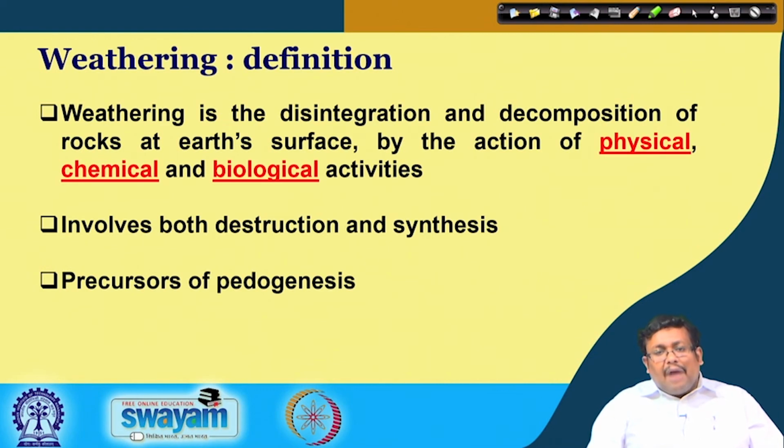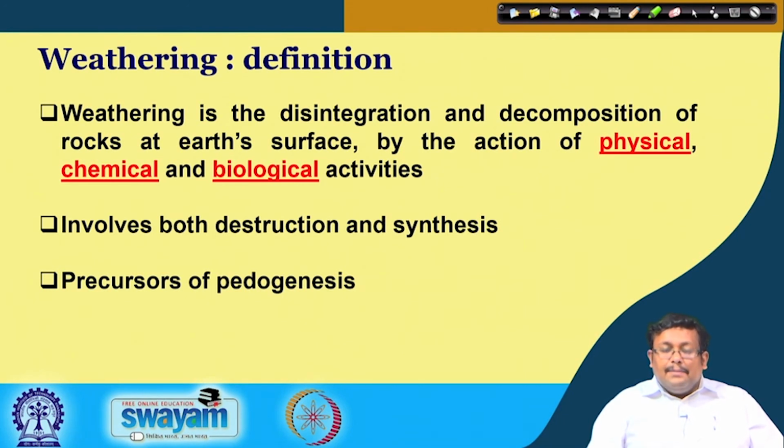Now, biological weathering is a third kind of weathering, which is basically a combination of both physical weathering as well as chemical weathering. And in case of physical weathering, please remember that there is only a change in the size of bigger rocks to smaller rock fragments. So, there are no chemical changes.